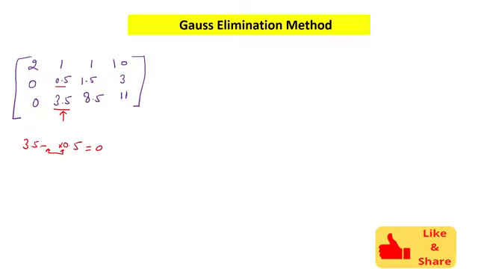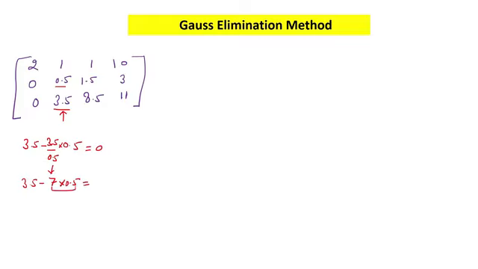If you observe carefully, you can write 3.5 divided by 0.5. And what is this 3.5 upon 0.5? This is actually 7. So it means 3.5 minus 7 multiply 0.5, and this is actually 3.5. So 3.5 minus 3.5 will be 0.